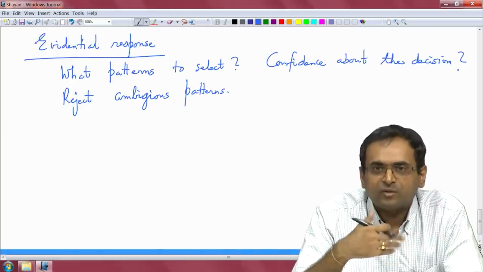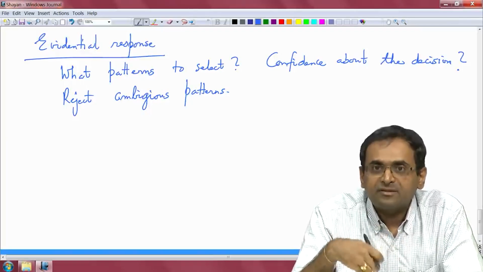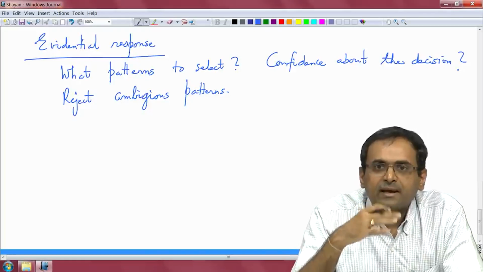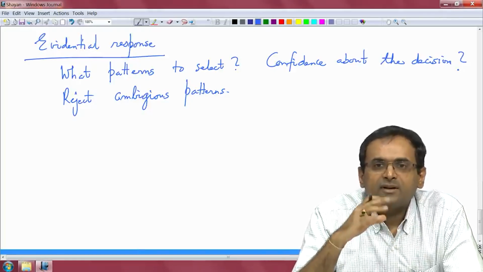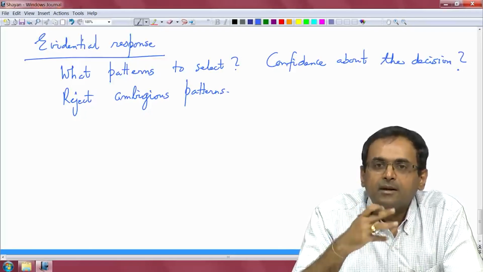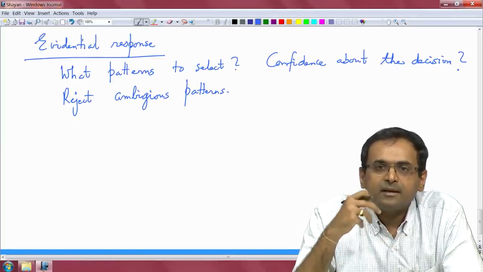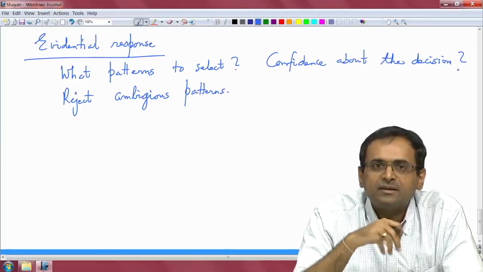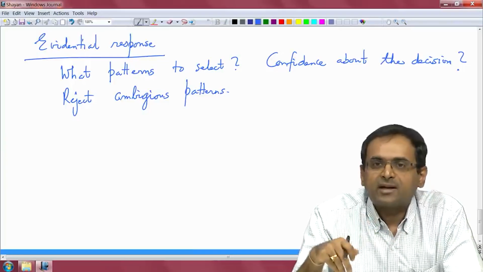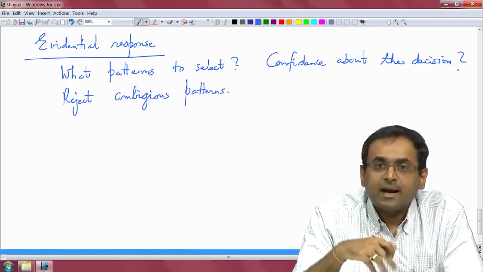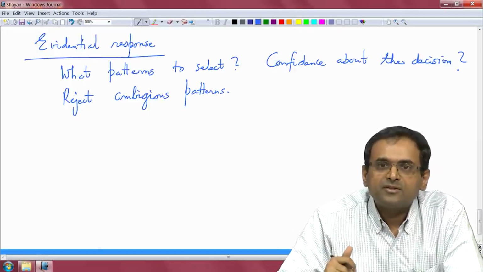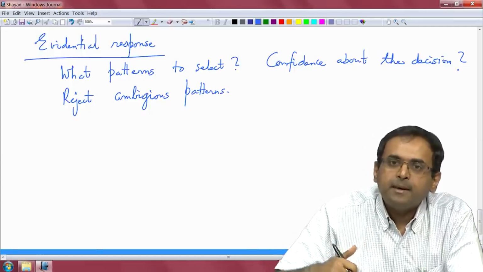It's an ambiguous pattern, it has to reject it, and it should have confidence about the decision, right. Imagine this is an application, you have a drone which has to track a number plate wherever it's, let's say it's a truck which has a number plate, and it has to track this truck somehow in a changing environment, and if it has to learn these things, it has to detect the patterns which are appropriate for it and reject ambiguous patterns, right. And then there is also a decision about a confidence about the decision it makes, and then keep improving upon this.